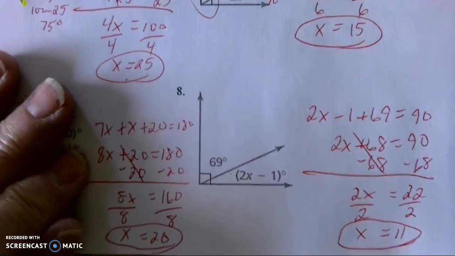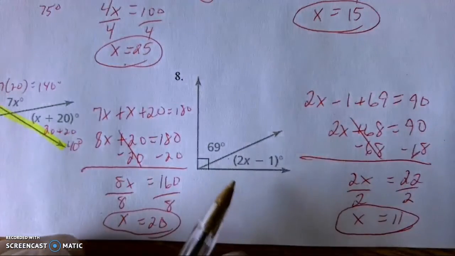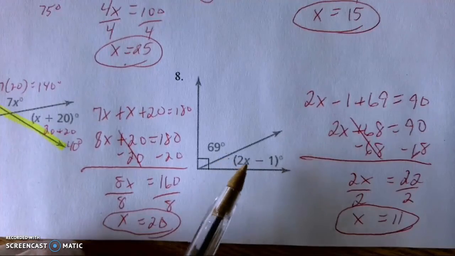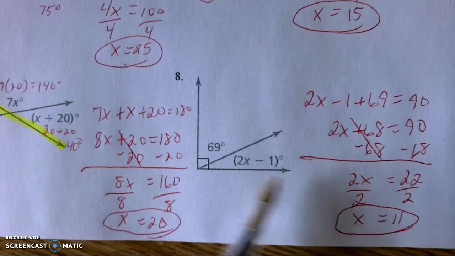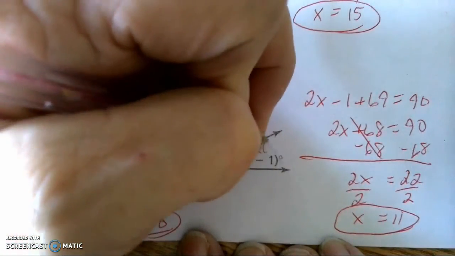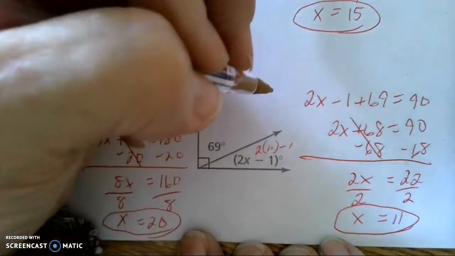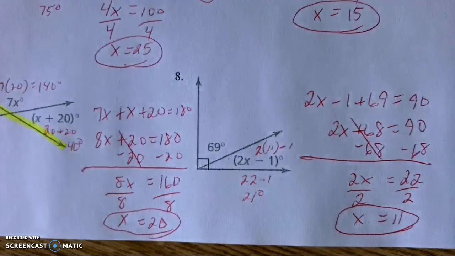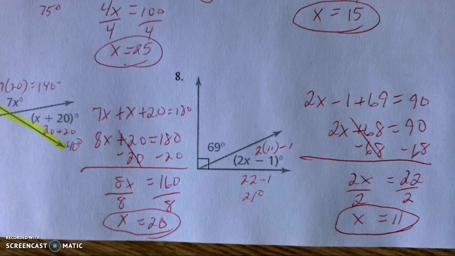And again, to find this missing angle, you could subtract 90 and 69 and you'll still get that angle measure, but you can then solve for x by setting that up equal to that. But 2 times 11 is 22. 22 minus 1 is going to give me 21, and that angle measures 21 degrees. Okay, that's how we find missing angle measures with these angle relationships.